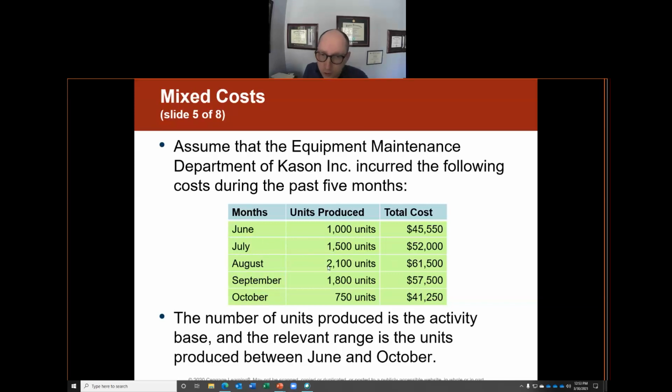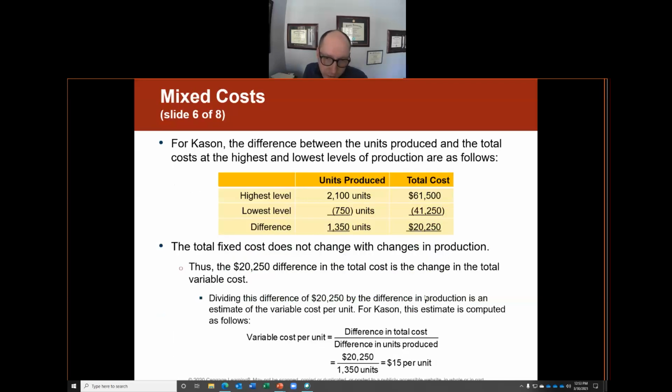So August, 2,100 units, 61,500 total cost. October, 750 units, 41,250 total cost. Using the high-low method, the way it works is we need to find the difference. First thing we do is we find the difference, okay?